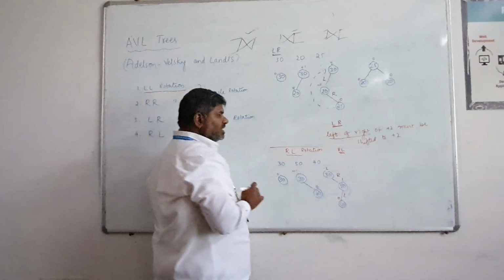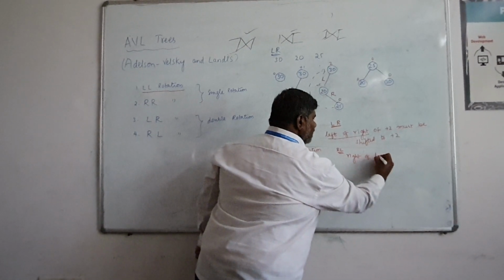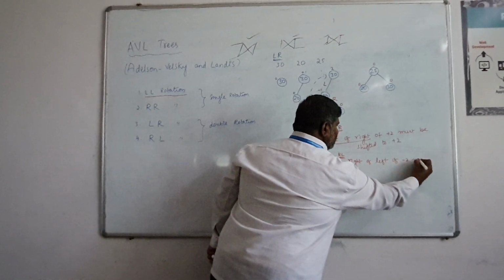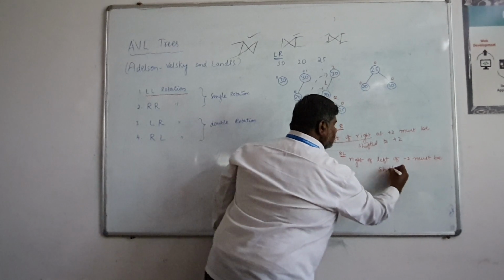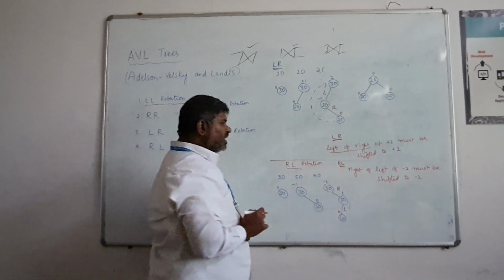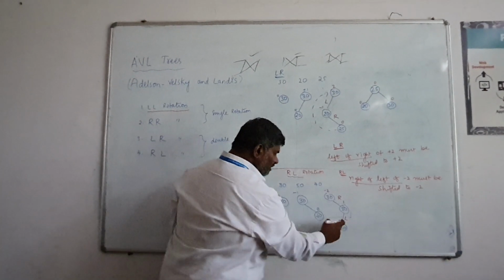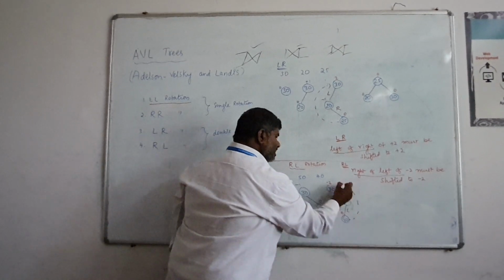So in RL rotation, what we need to do? Right of left of minus 2 must be shifted to minus 2. Which is right of left of minus 2? Right of left, that is 40. 40 must be shifted.